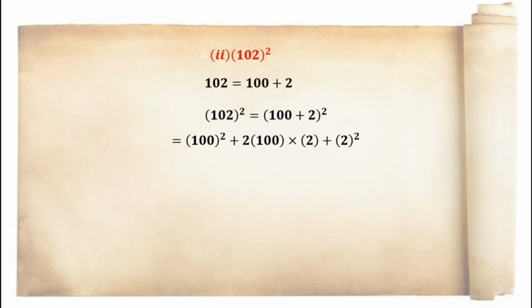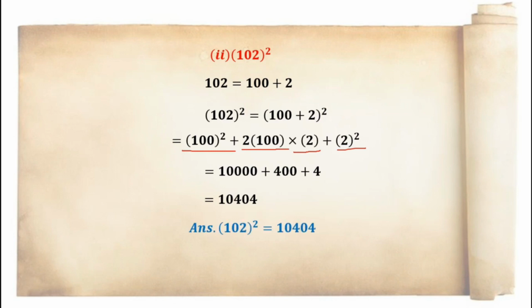So 2 raised to 2 will be 4, and 100 square is equal to 10,000, and 2 into 100 will be 200, 200 into 2 will be 400, and 2 raised to 2 will be 4. So 10,000 plus 400 plus 4 will be 10,404. So the answer is 102 raised to 2 is equal to 10,404.